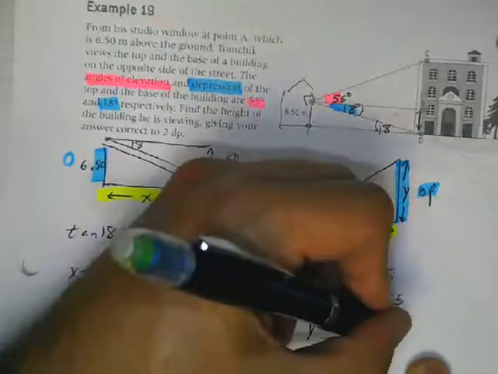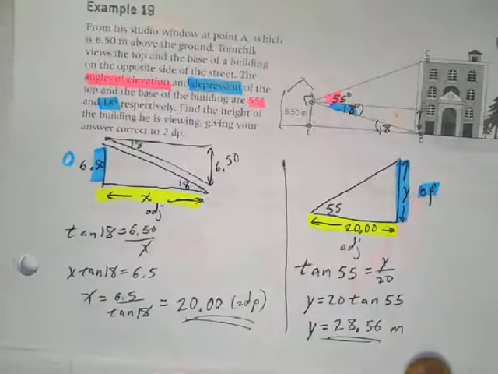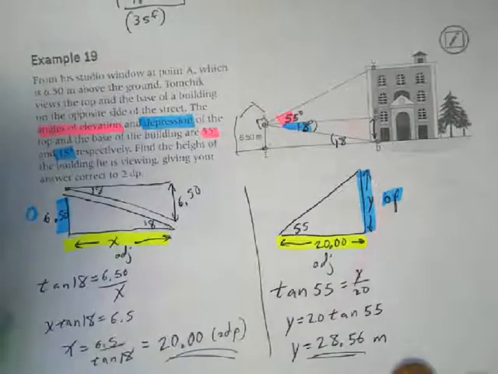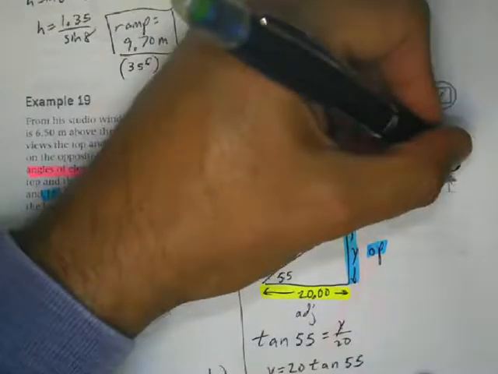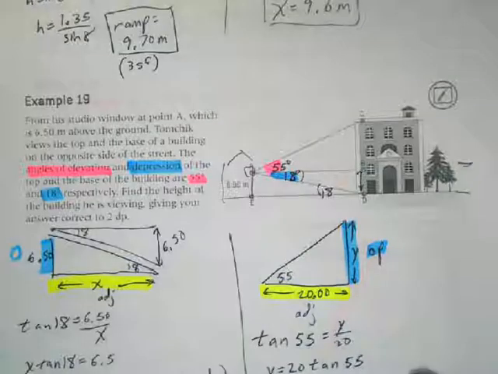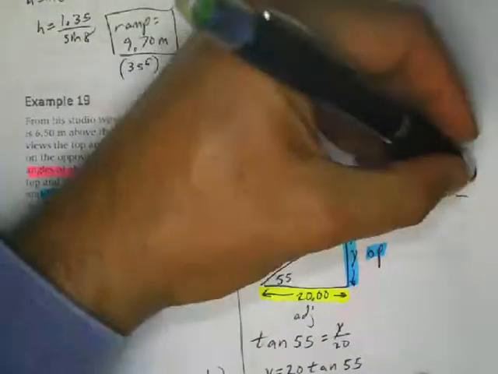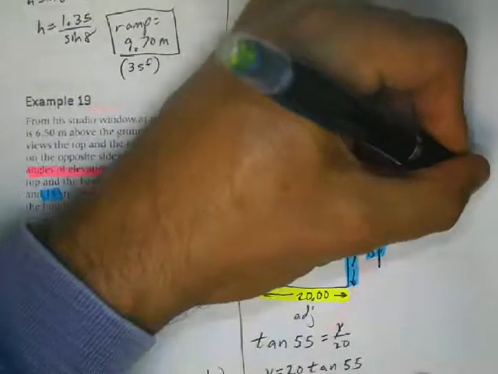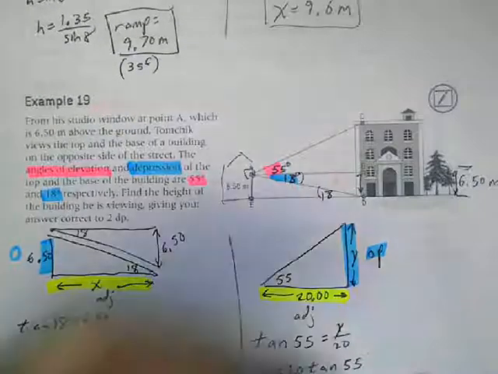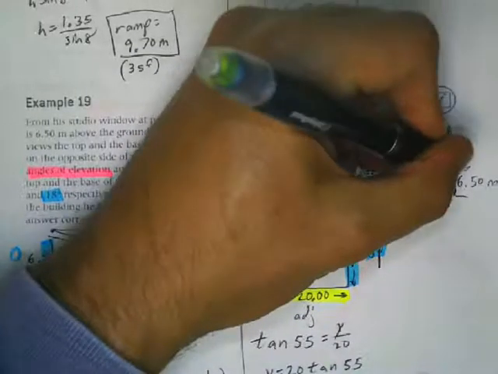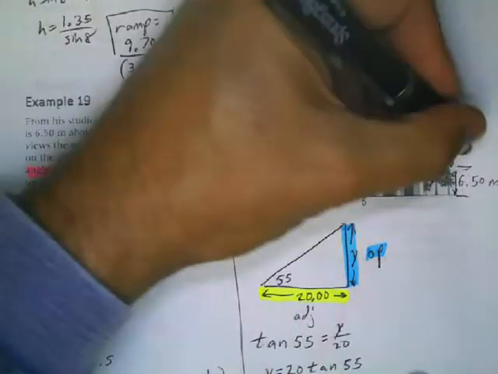So let's think about, what were we really trying to find in the first place? We're trying to find the height of the building, right? So we know that from here to here is 6.50 meters. And we know that from here to here, now we know, is 28.56.